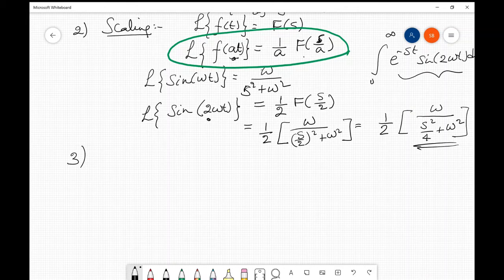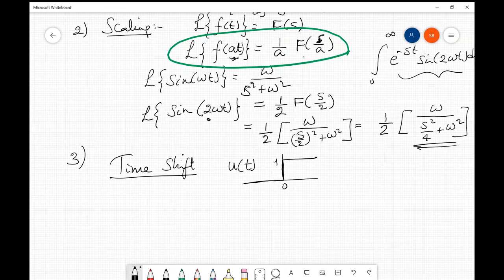Alright, the third property that we are going to see today is time shift. We have already seen what time shift means in a step function. You remember when we saw a step function u of t, it's represented by a function which starts at 0 and has a magnitude, and when we time shift this function, for example here with a, then this function is u of t minus a, and if it starts from here, it will be t plus a.